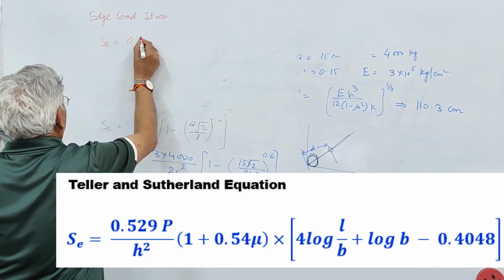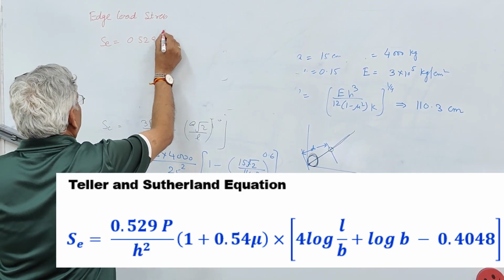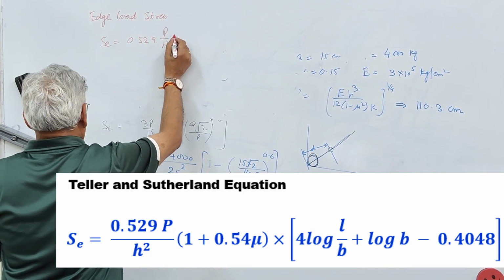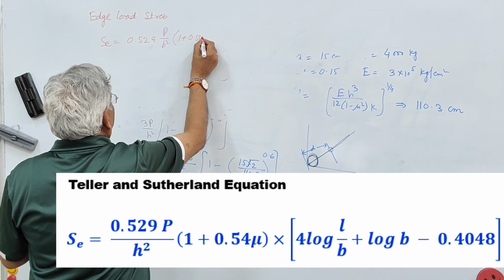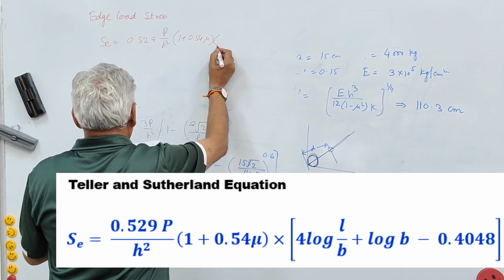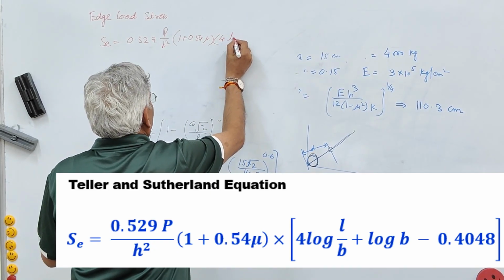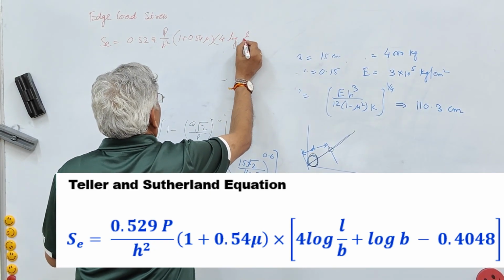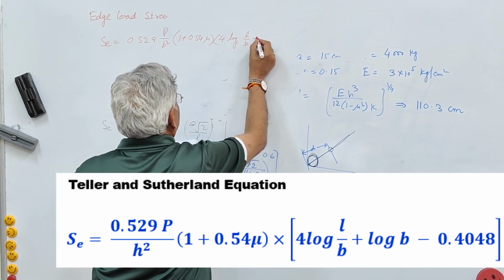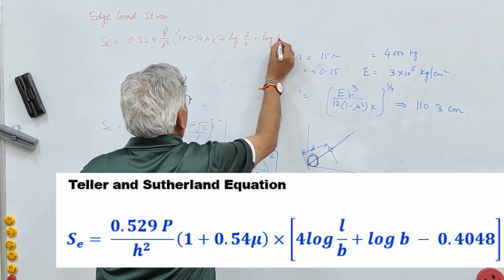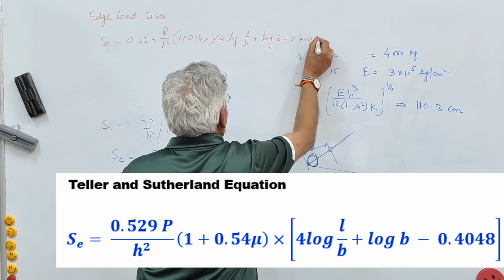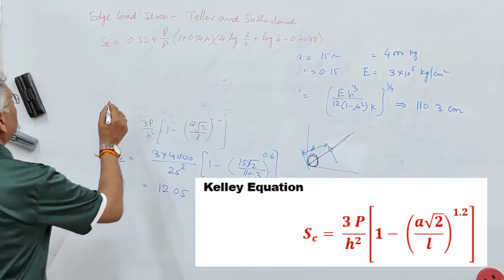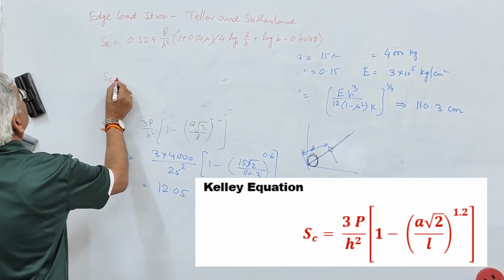SE is equal to 0.529 P upon H square into 1 plus 0.54 mu into 4 log base 10 L by B plus log B minus 0.4048.